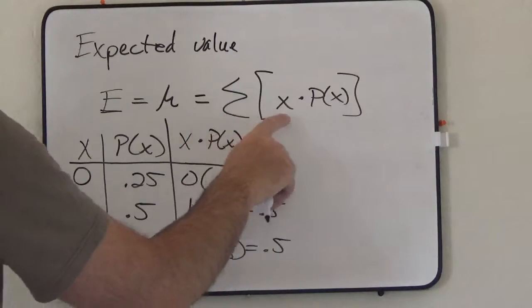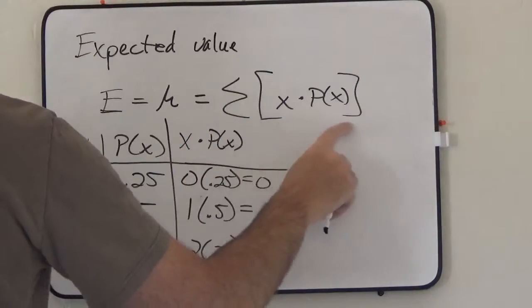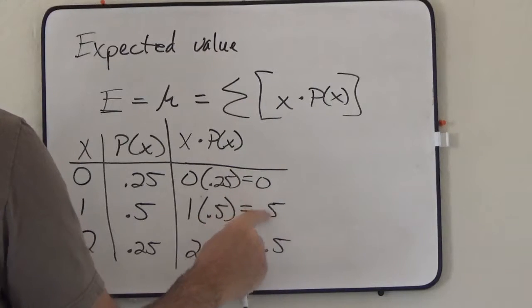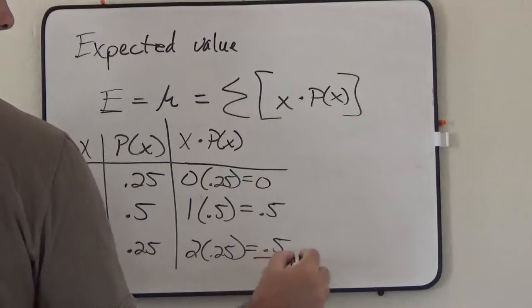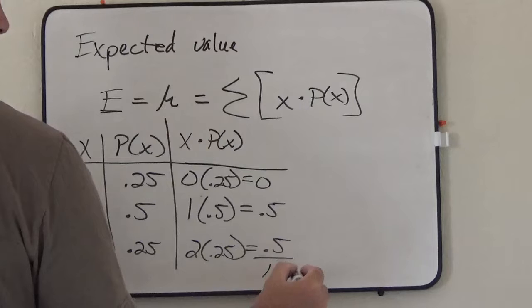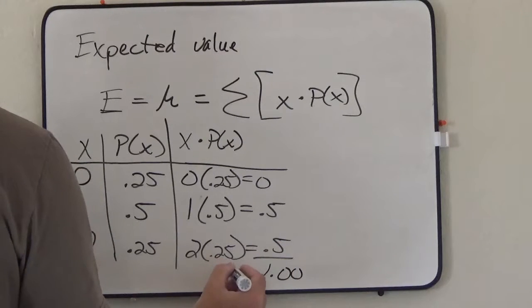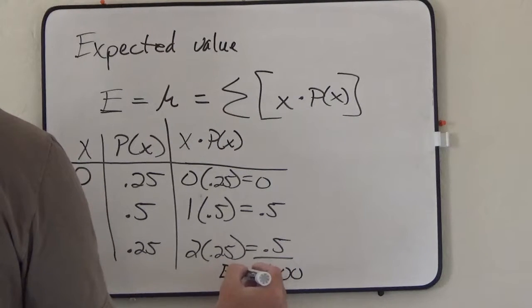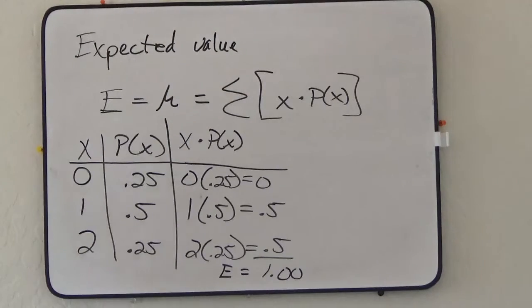Now because we want the sum of these answers, we're going to add 0, 0.5, and 0.5 and we get 1. That means that the expected value or the mean is 1. So your expected value is to have 1 girl out of the 2 births.